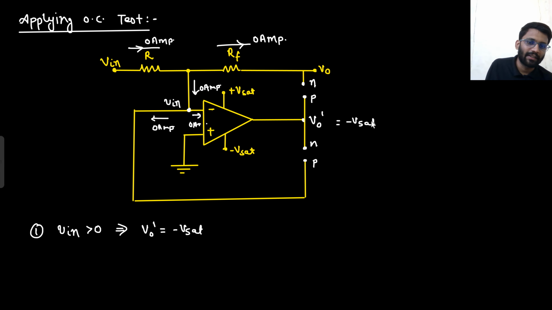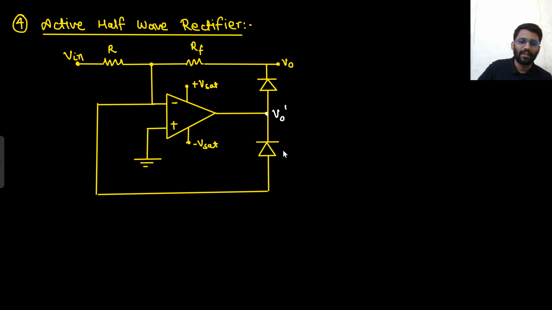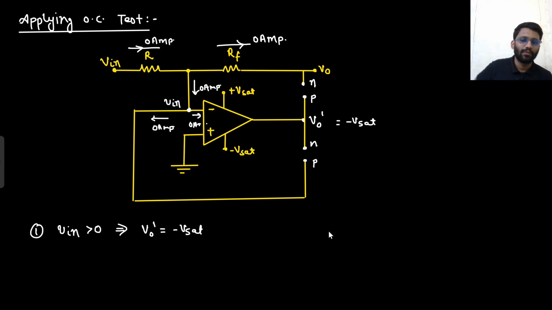If it is minus V sat, then which diode will turn on? This one. This diode will turn on. So let's call this D2, this D1. If V node dash is minus V sat, then D2 will turn on. If D2 turns on, then what happens? Let's check that out.